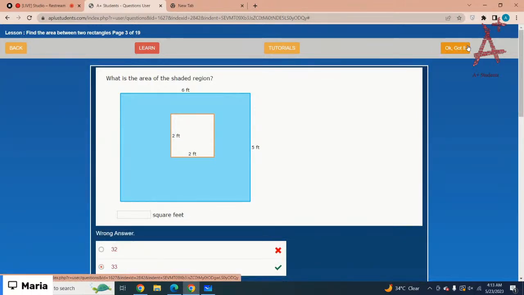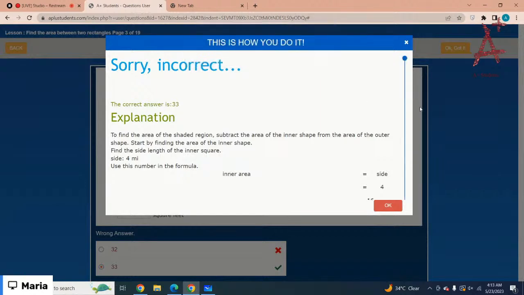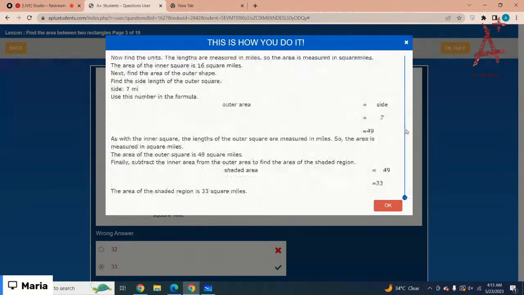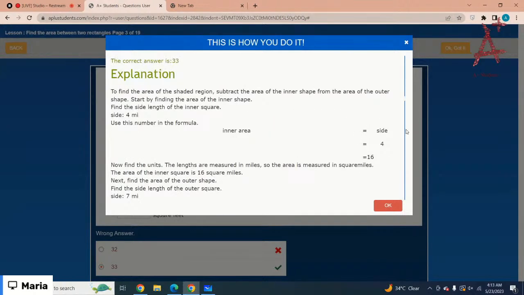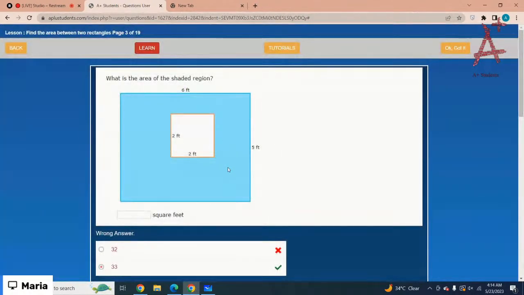The correct answer is 33. Let me see what's wrong with this question. Okay, how? The area of the shaded region is, the outer would be 49. 49 minus 4, 33.